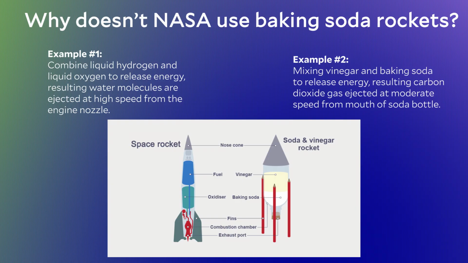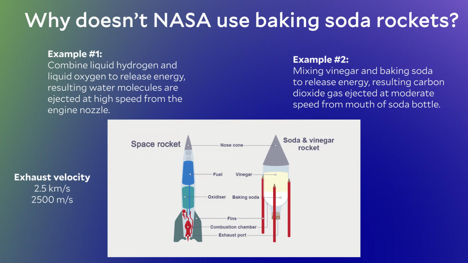Okay, so I want to come back to my baking soda rocket. We can now explain why NASA doesn't use vinegar and baking soda for their rockets by looking at the rocket equation. The exhaust velocity for liquid rockets, let's say liquid hydrogen and liquid oxygen, is about 2.5 kilometers a second. That value is set by the chemical reaction of the hydrogen and oxygen mixture when it gets ignited.